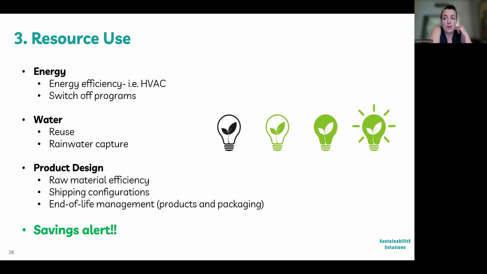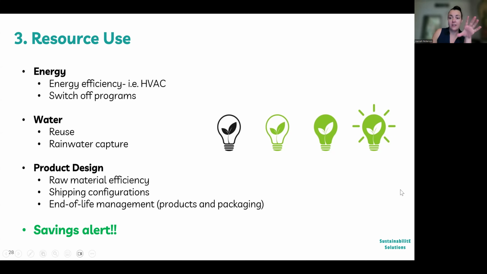Companies are doing that now where they will take back products and recycle them appropriately, because recycling technologies may not be available everywhere that their products are sold. So that's another way to maximize these resources.